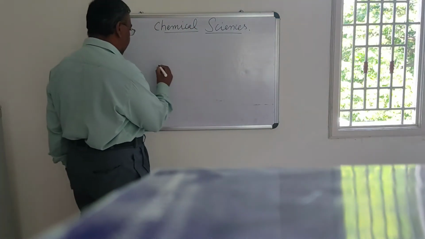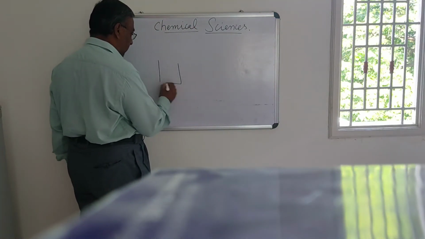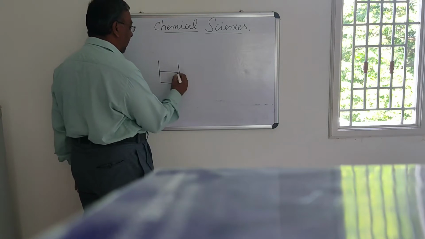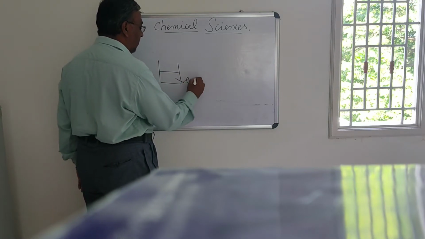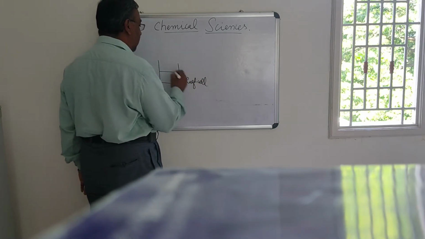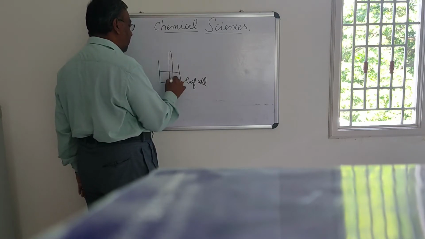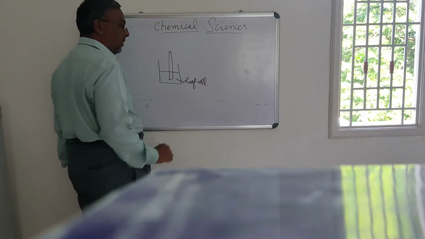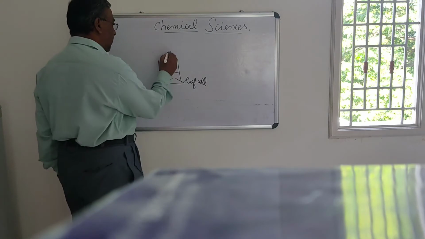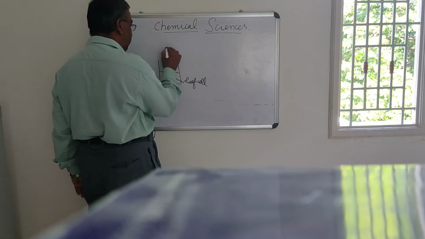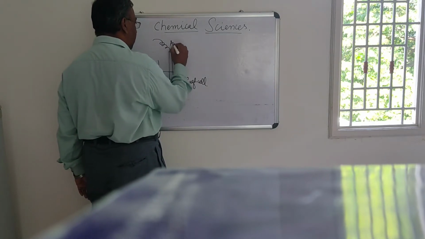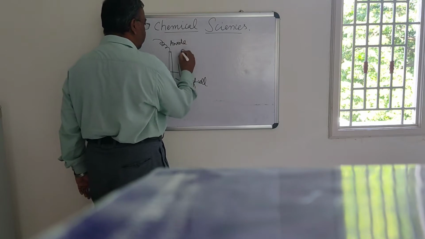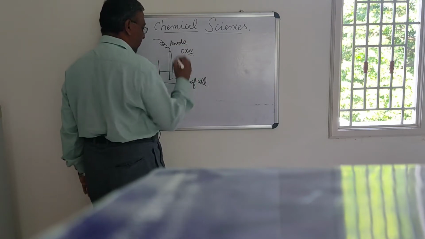In every half cell, we have, in the left hand side half cell, this is one half cell. It has one electrode. It undergoes oxidation, usually at anode. This is anode. Oxidation occurs.